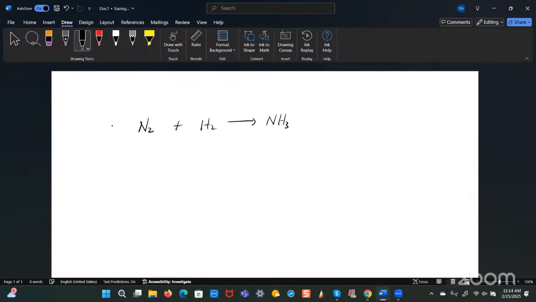Based on what we have just discussed, how would you go about balancing this particular equation? Remember, the only changes you can make are changes to the coefficients, which are the numbers that you place in front of the different formulas. How would you go about balancing this equation?